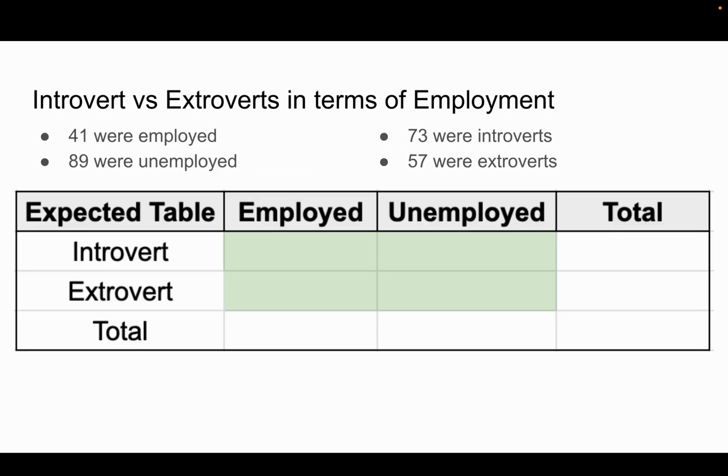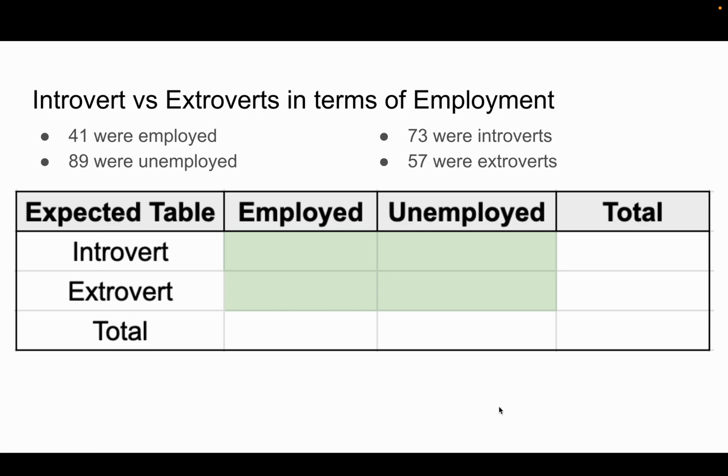So the first thing that we're going to do is organize our information like this, where we have our columns and rows. I've organized our columns in terms of employment. So this is our employment column, whether you're employed or unemployed. And then our rows are organized in introverted and extroverted right here.